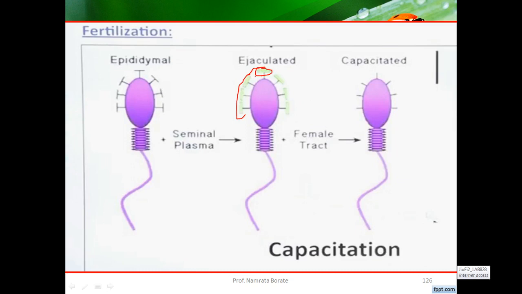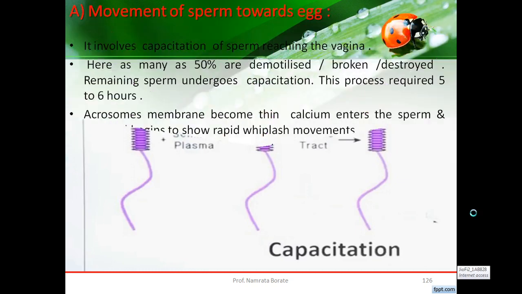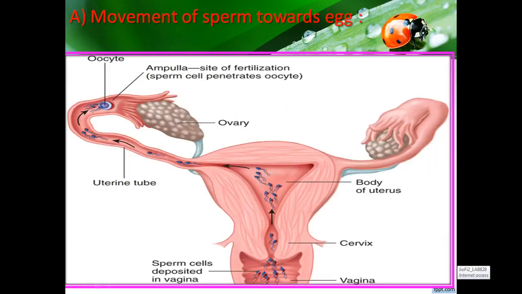But when the sperm enters the female genital tract, this outer structure dissolves or is removed from the head region of the sperm. That phenomenon is called capacitation. That is, the sperm undergoes a number of changes.